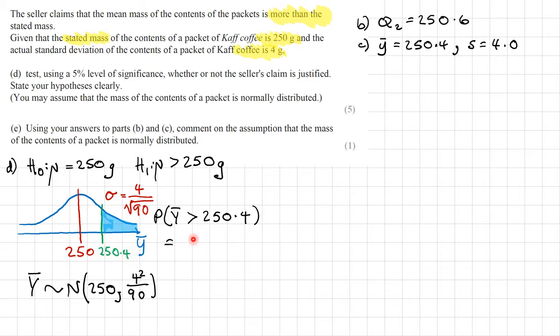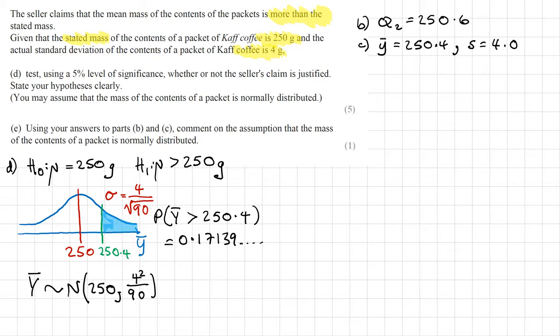I just put in 9999999. A standard deviation of 4 divided by the square root of 90. Just type that in, your calculator will work that out for you. And a mean of 250, and that gives me an area of 0.17139 and so on. Okay, so that's this area here.